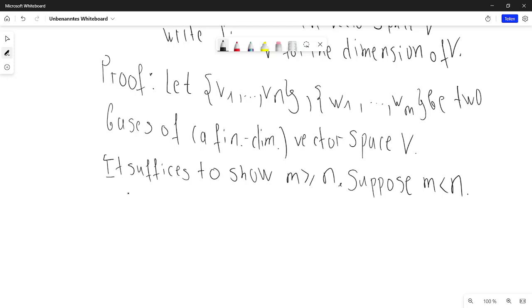Suppose m is smaller than n. Then, that is, we want to make a proof by contradiction. We suppose that it is the case to show that it can't be the case.